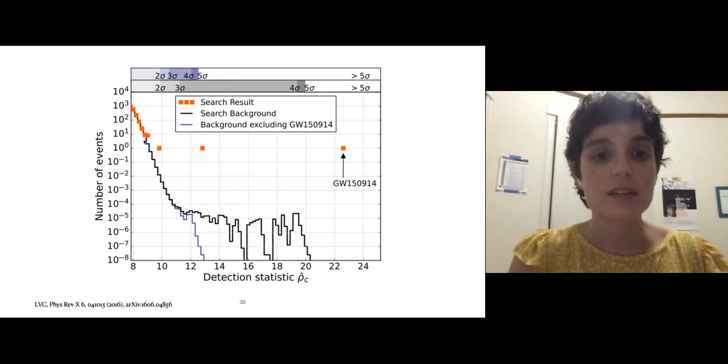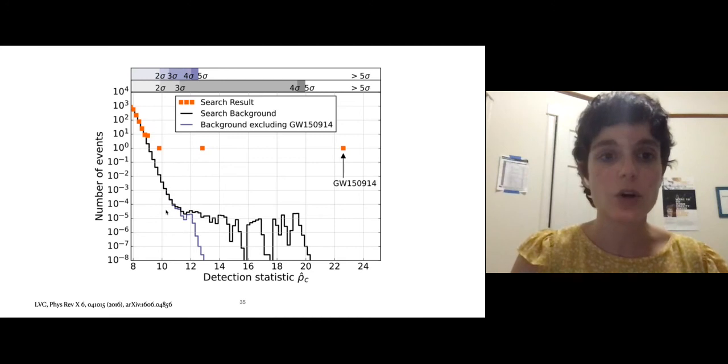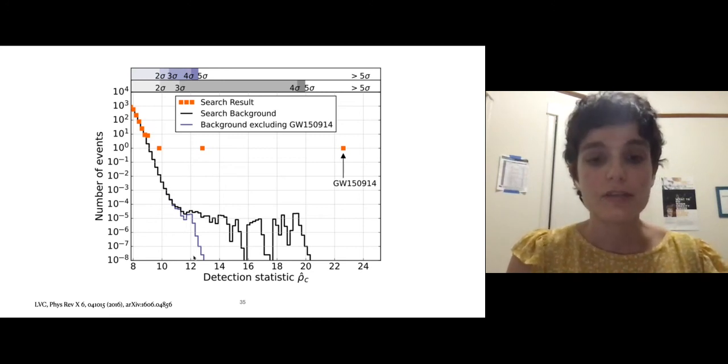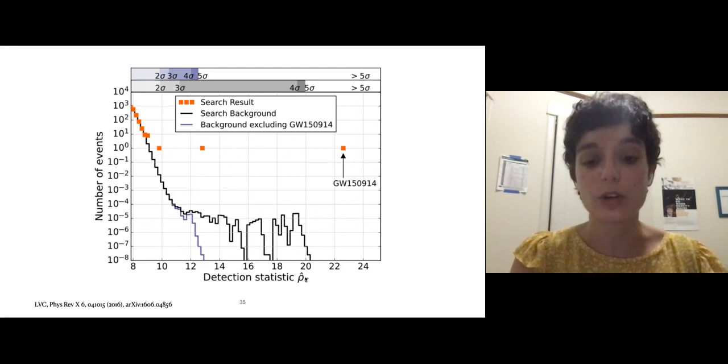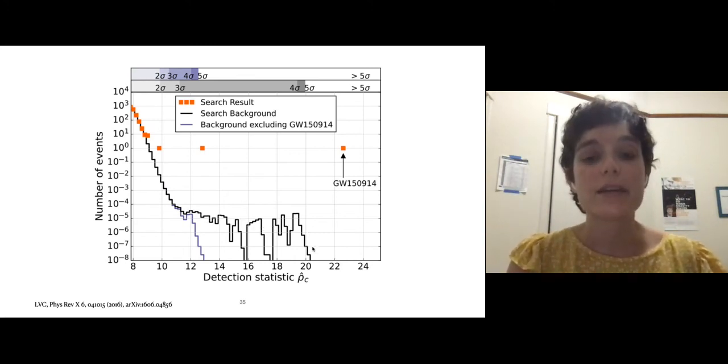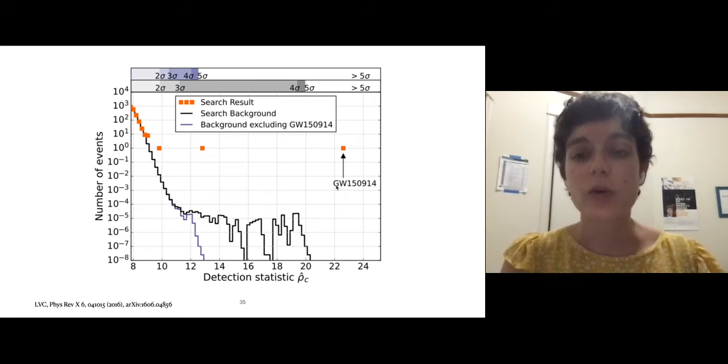So that gives us this distribution here, and this is just a histogram, the number of events as a function of these different detection statistics, which is something similar to the matched filter SNR. And here in black is the search background that we get doing the time slides. This is from the very first observing run of LIGO and Virgo.